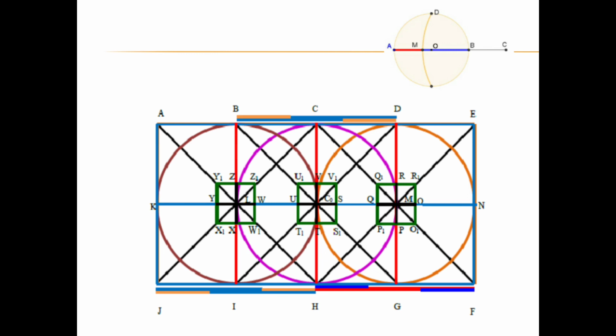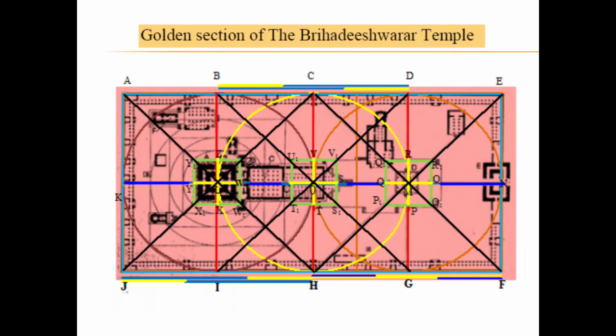So we can find out how it is displayed in the golden section. If you look horizontally, the blue line, yellow line and blue line are perfectly proportioned with the Garbhagraham, the middle place to Garbhagraham, and the end place to Garbhagraham. Likewise, the Nandi Mandavam to the entrance and the Nandi Mandavam to the middle of the temple.